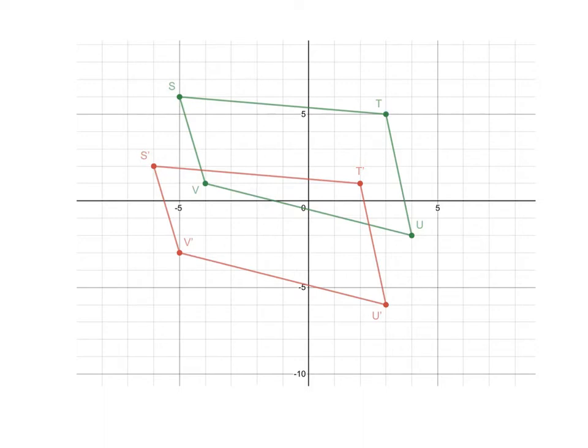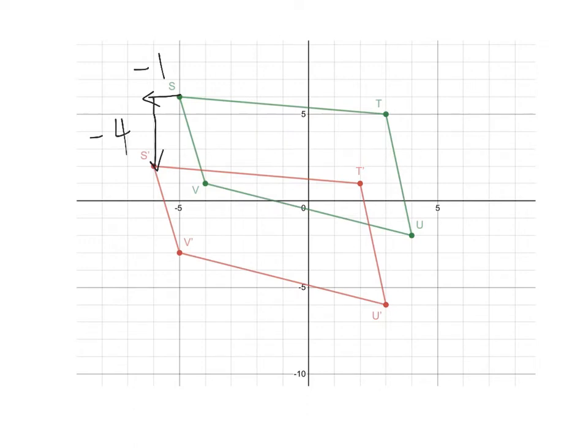So we can make an ordered pair, we can make a chart, or we can really just look at this and kind of count over and up. So if I start at S, I'm going to move from S to S prime. Well, that means I'm going to go to the left one, and then I'm going to go down 1, 2, 3, 4. So I'm going to go down 4.